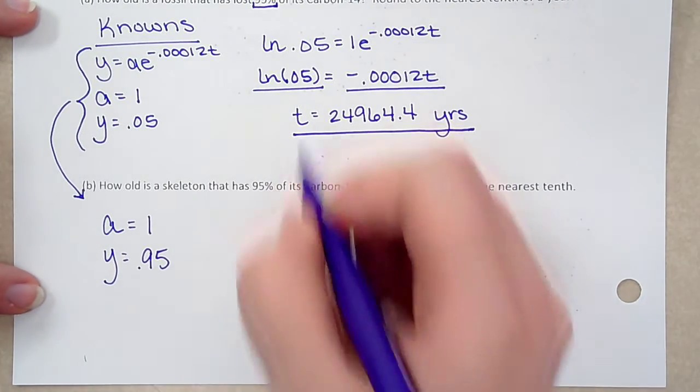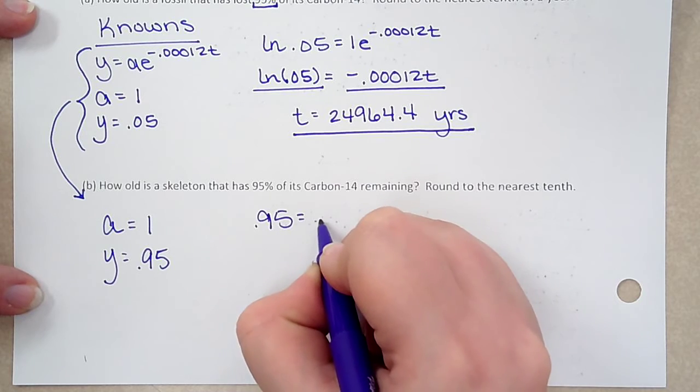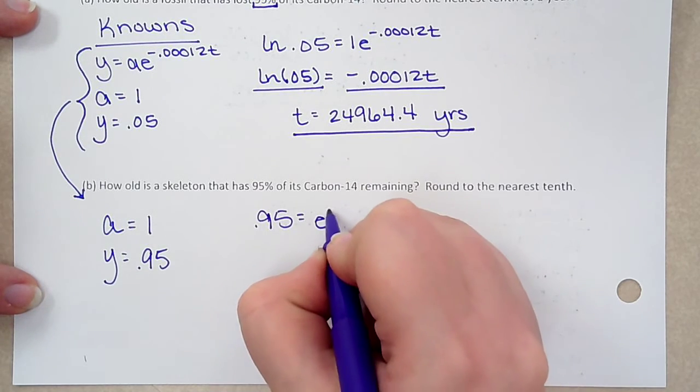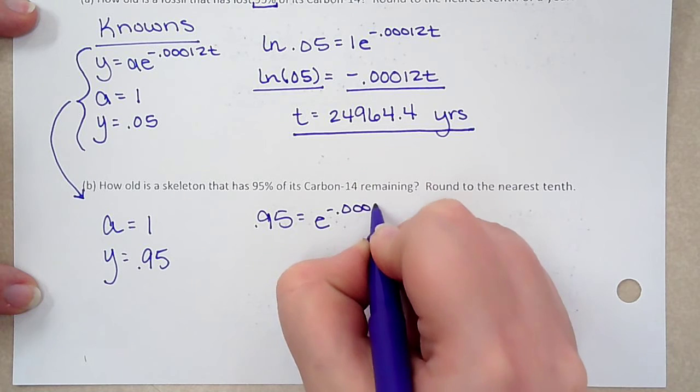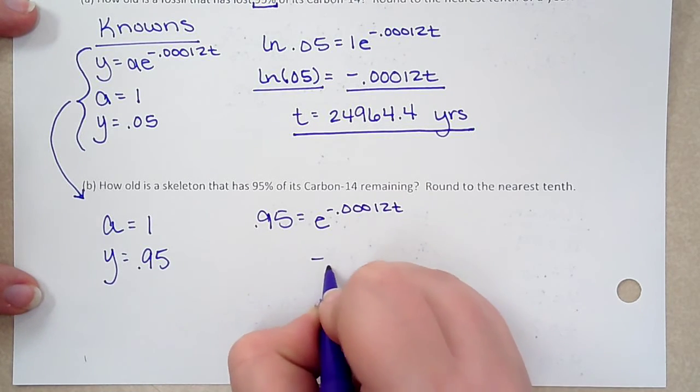Now we can solve it the same way we just did with that one. 0.95 is equal to 1 times e to the negative 0.00012t. ln of both sides.